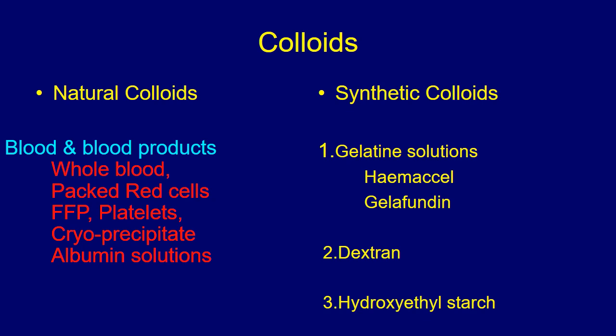Then what are examples of synthetic colloids? We have gelatin solutions, which are not of much use now. Then you have dextran solutions, then hydroxyethyl starch solutions. Examples of gelatin solutions are Haemaccel and gelofusine.